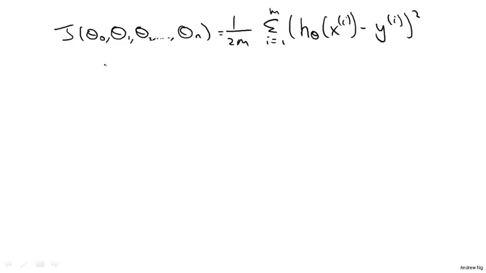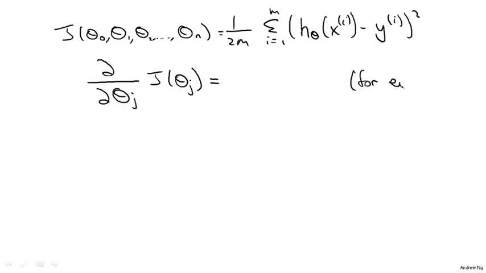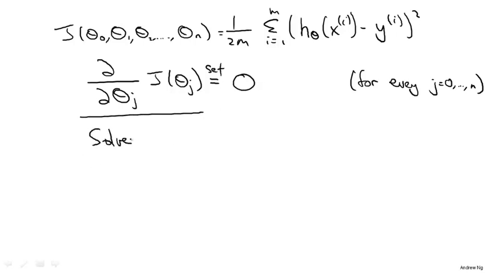And so what we're going to do is take the partial derivative of J of theta with respect to each of our parameters. So we're going to do this for every j equals 0 up to n. And then we're going to figure out what this partial derivative term is and set it equal to 0, and then use this to solve for theta.